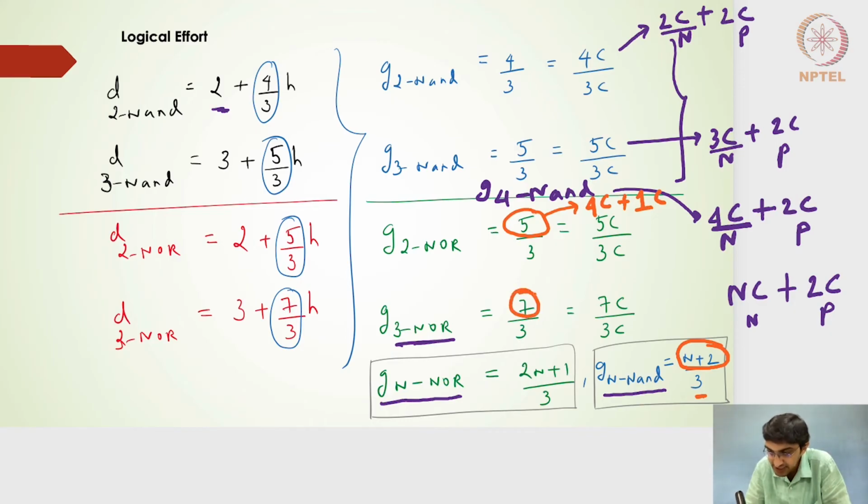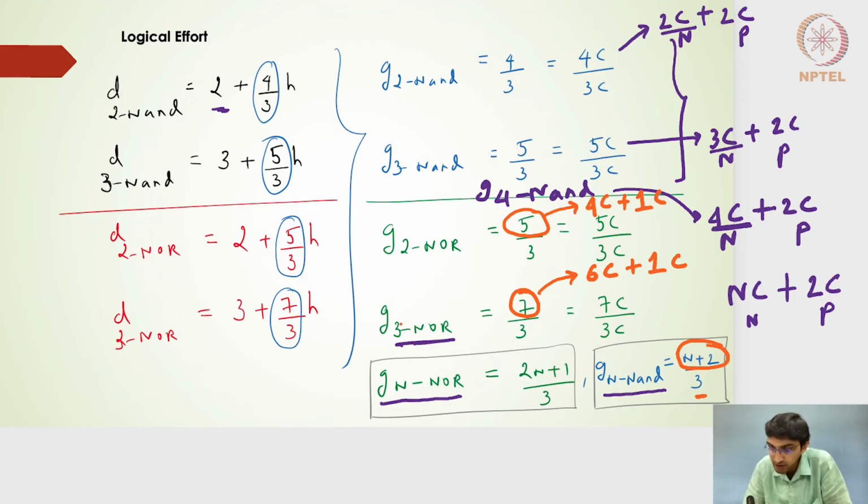This 7 by 3, this particular 7 is actually coming from, for a 3 input NOR gate, the width will be 6, so 6C on the PMOS transistors input gate capacitance, plus 1C coming from the NMOS, whose width will be 1, so its input gate capacitance will be 1C. For the 4 input NOR gate, it is actually 9C, which is coming from 8C, because the width is 8, so its input capacitance will be 8C on the PMOS transistor, and the subsequent NMOS transistor will have a capacitance of 1C because the width will be 1, so that's how it will be 9C.